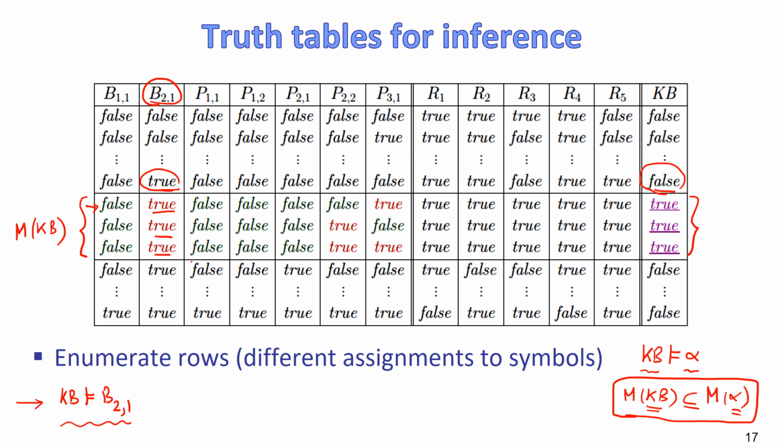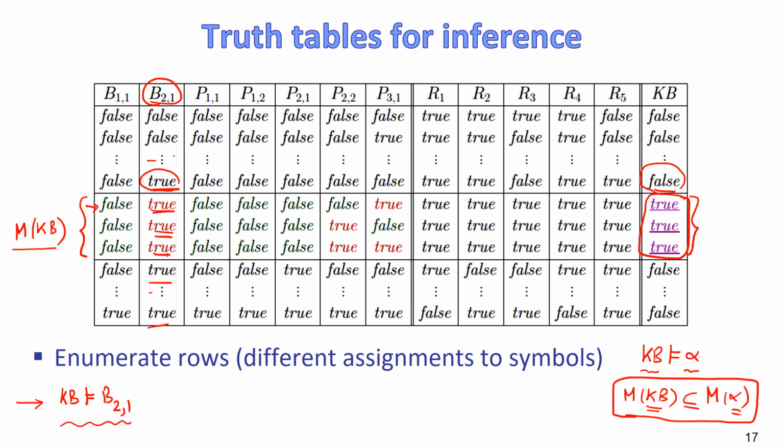Models of B21. These are the models of the knowledge base, right? Because we have only these 3 rows. Where are the models of B21? Very good. So it includes this one, includes these 3, and includes this one, and maybe some of the dots, right?